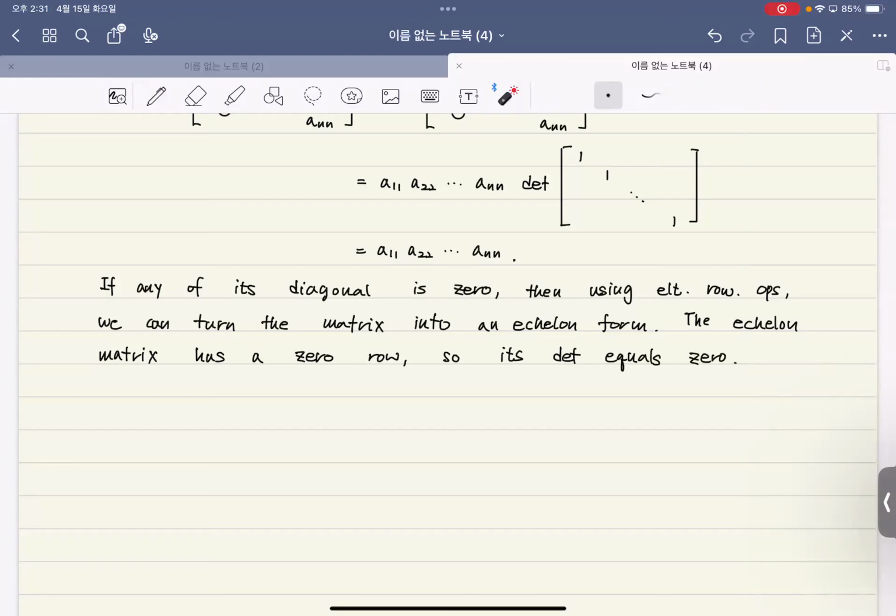Therefore, even in this case, I can still say the determinant of this matrix is the same as the product of the diagonal entries. They are all 0. So the determinant of A is 0, which is just the product of the diagonal entries. Okay, great. So property number 1 is done.